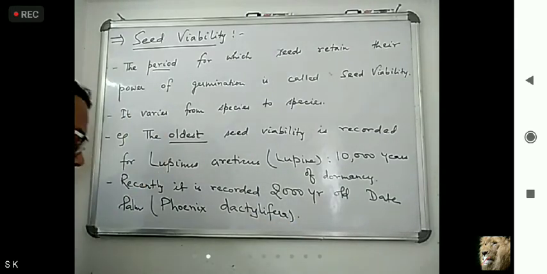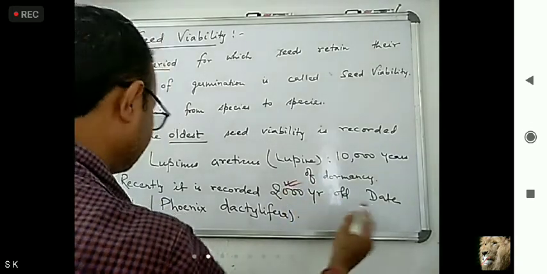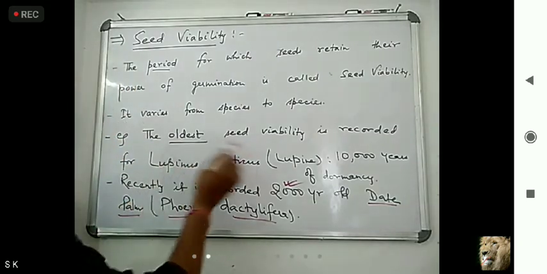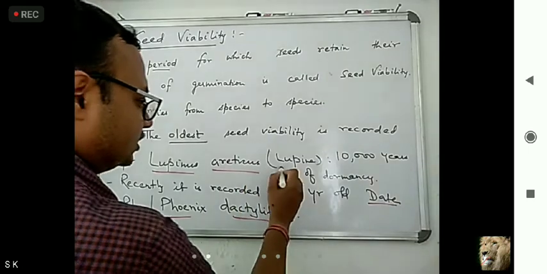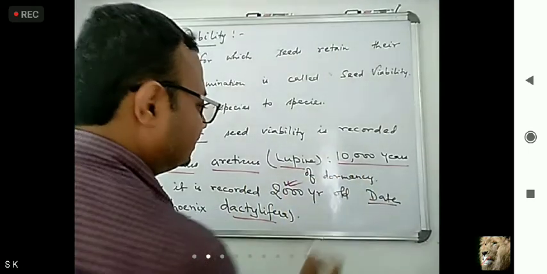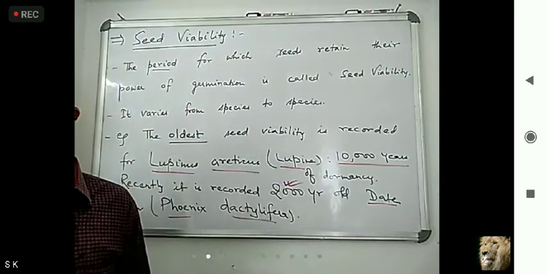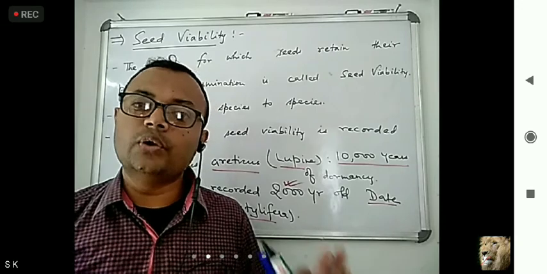So these two examples we have to remember. 2,000 years old, that is date palm, Phoenix dactylifera, and the oldest recorded is Lupinus arcticus, lupine plant, with 10,000 years of dormancy. So these two you have to remember under seed viability.